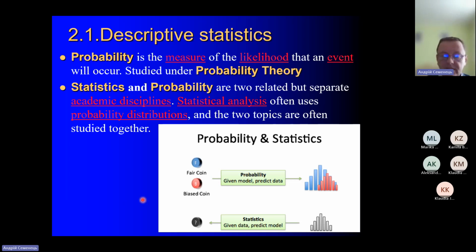So we are given data and we want to predict the model. Is it that we have some relationship possibilities or not? So here in statistics, I'll usually use probability distribution. So the topics are studied together, but they are not the same.